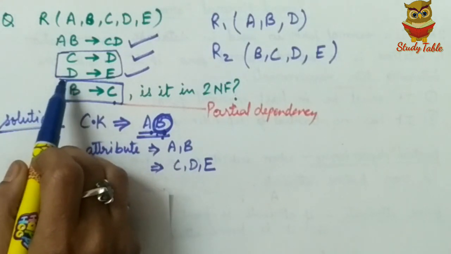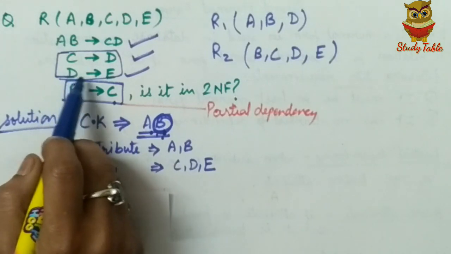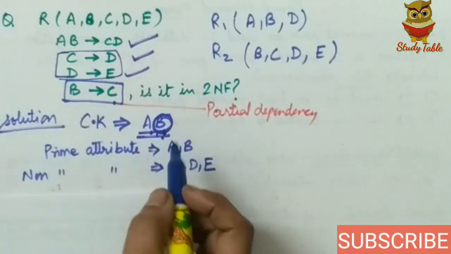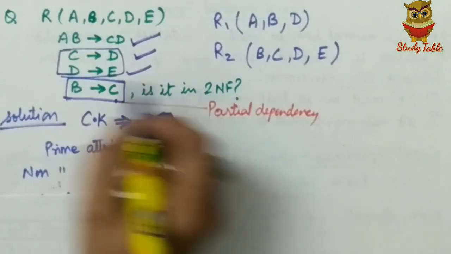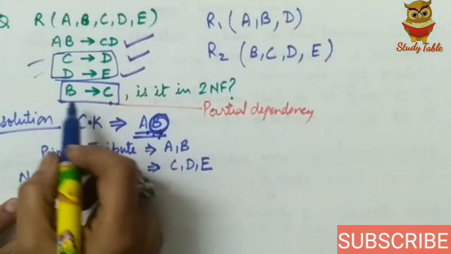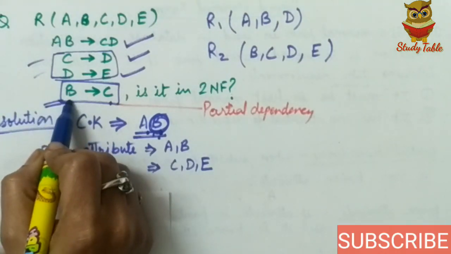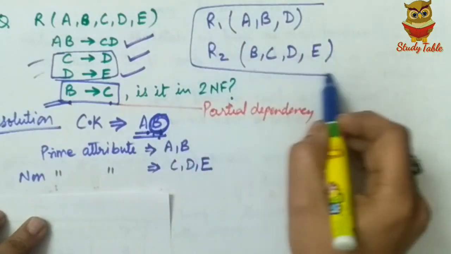But in third normal form, these two FDs will create problem due to transitive dependency. But here we are not discussing the third normal form. So in second normal form, these two FDs are fine. Only one FD is creating problem. Finally, the result is this.